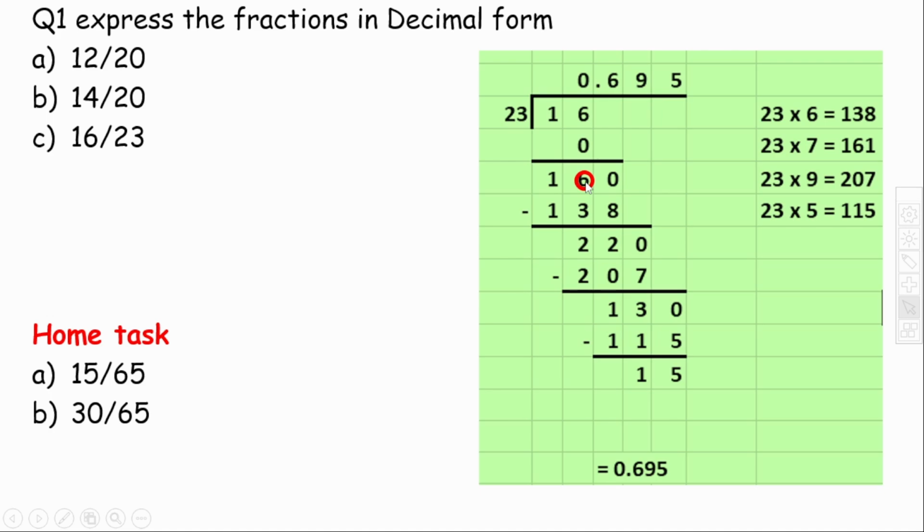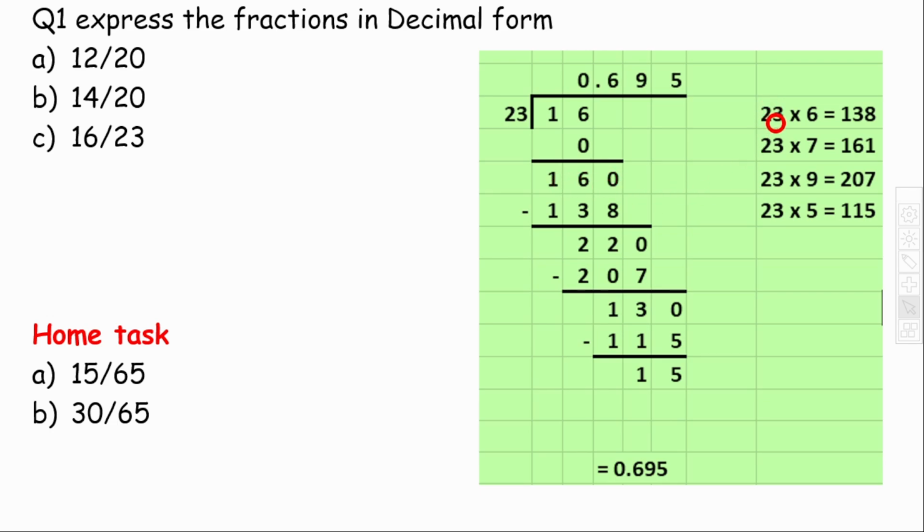Then the next step is to put a decimal point after that 0 at the top here. After putting this decimal point, you now add 0 to the remainder, which is 16. It becomes 160. You now ask yourself, how many 23 can you find in 160?